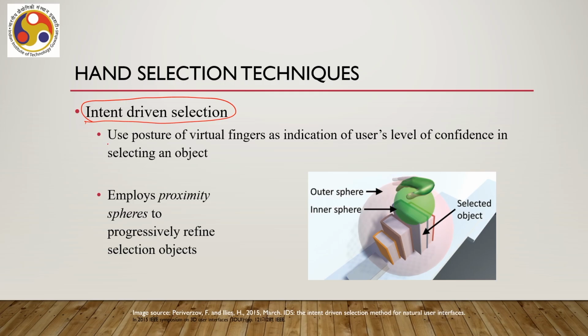So, the user positions their virtual fingers, or the user uses the posture of the virtual fingers as an indication of the user's level of confidence in selecting an object. So, if we are trying to select an object, we will move our virtual hand towards that object and maybe put a particular posture of our fingers around the object to indicate that we want to select that object.